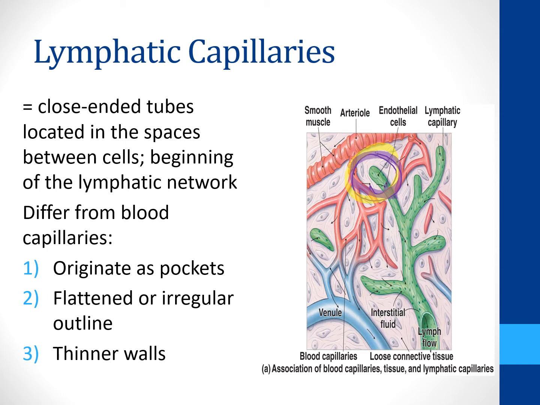They're just tubes that connect arterioles to venules. But our lymphatic capillaries begin as these pockets and then drain into the larger vessels. They're flattened or irregular shaped, more like a vein than an artery, and they have very thin walls, so thinner walls than capillaries within our cardiovascular system.